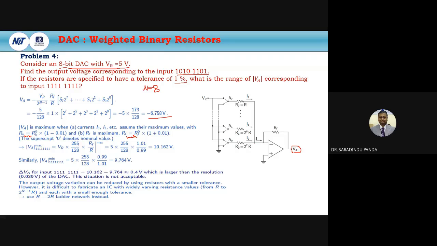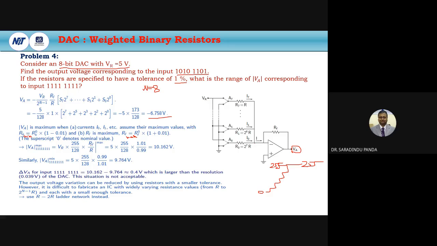So what will be the number of steps? 255. What is the full scale? 255. So for this reason, this is the full scale value: 255 by 128, 2 to the power of n minus 1, into RF by R.